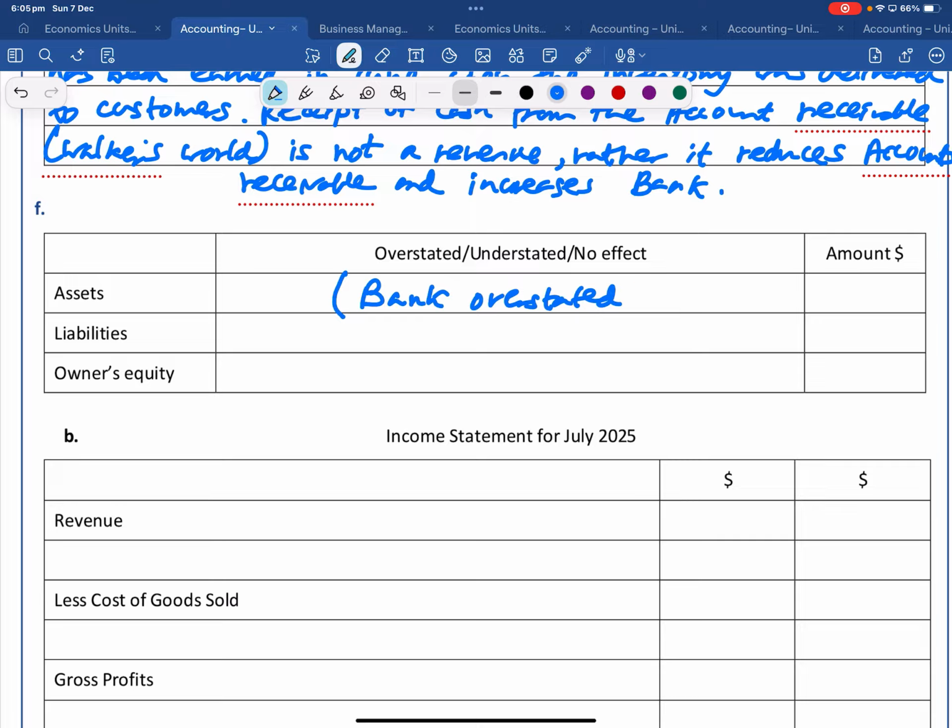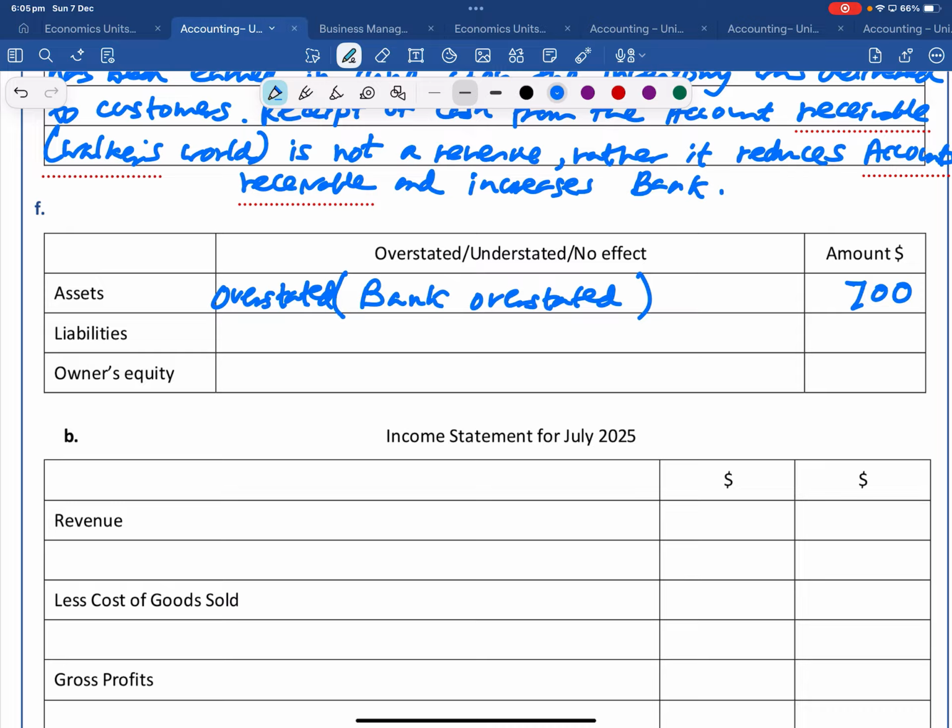But if there were two amounts affected, like bank and inventory in the previous question, then you have to write bank is overstated by 132, and inventory 80, like that. But this one only one item is affected, and the amount is 700. So we can say overstated, 700 if it was not recorded.